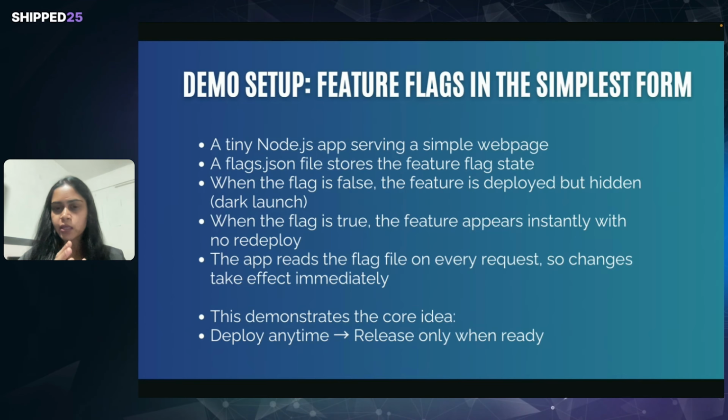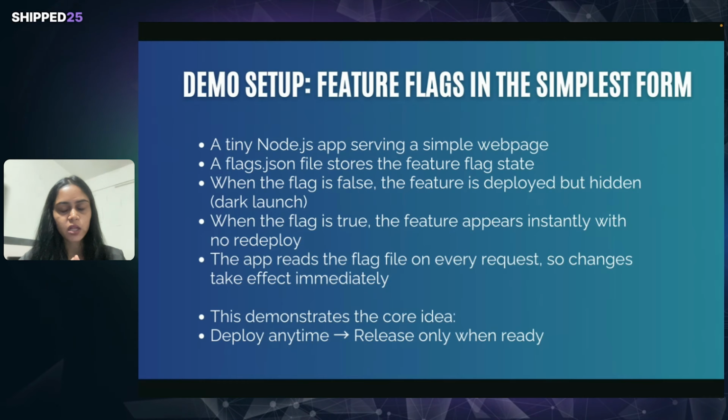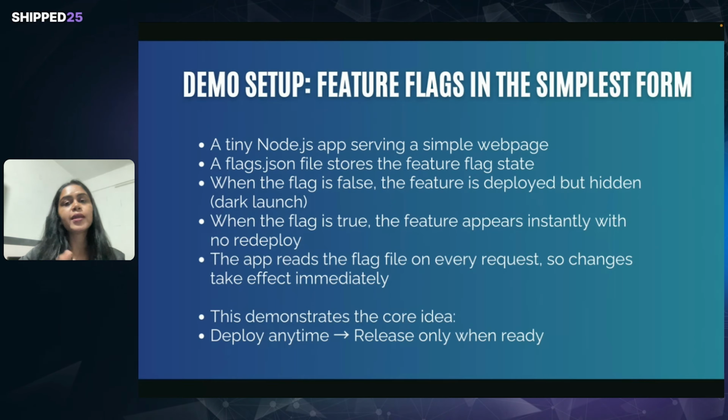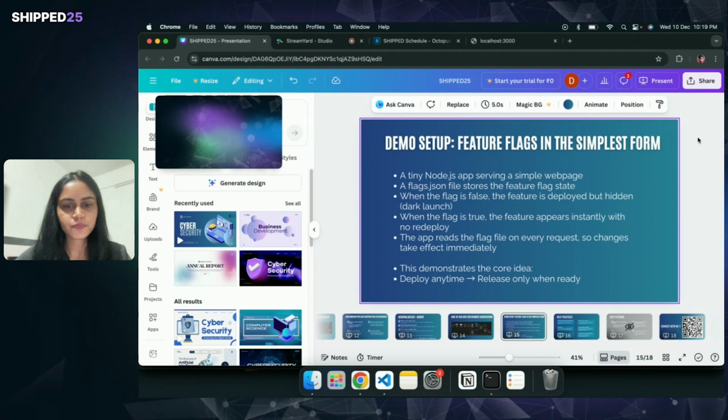This is a very tiny demo, and the whole philosophy of dark launch or feature flags will be covered: we will be able to deploy anytime, and release whenever we are ready. So that is what the demonstration is. Let's jump into that.